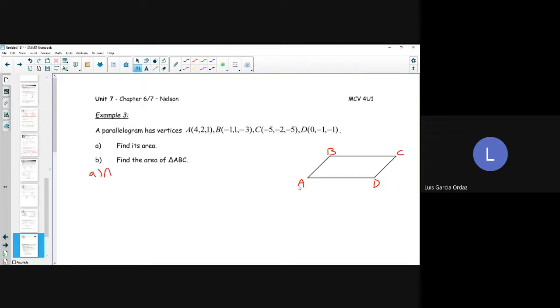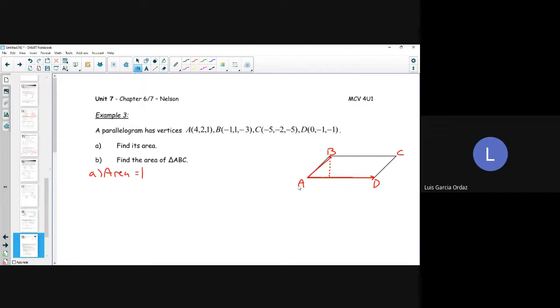So the area of the parallelogram is going to be the magnitude of vector AB cross product vector AD, based off the definition we got from the previous page.